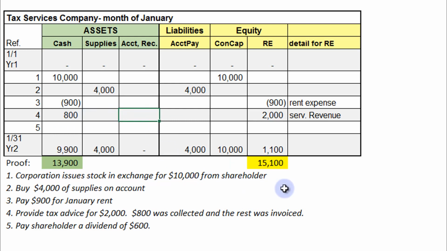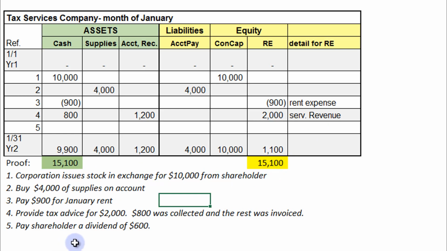We got a promise from our customer that they're going to pay us the other $1,200 in the future. So accounts receivable would be $1,200. So here we have a total increase to assets of $2,000 and a total increase to equity of $2,000. Revenue also increased by $2,000. The system is still in balance.